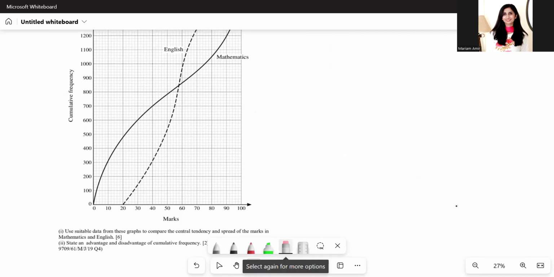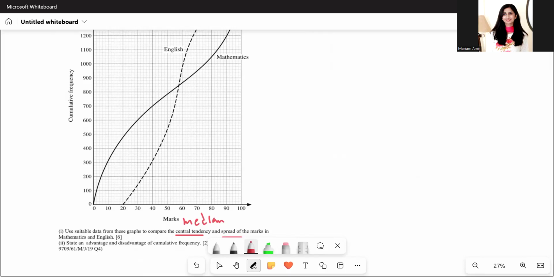Okay, you need to know what is central tendency and what is spread. Central tendency means comparison of their mean, their average. The only average we can find from a cumulative frequency is the median. So we're going to compare the median of both of them. And spread is the interquartile range or even the range, but a better measure is the interquartile range.